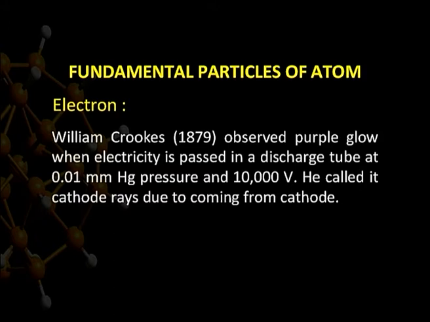William Crookes in 1879 observed a purple glow when electricity is passed through a discharge tube at 0.01 mm mercury pressure and 10,000 volts. He called it cathode rays because they come from the cathode.